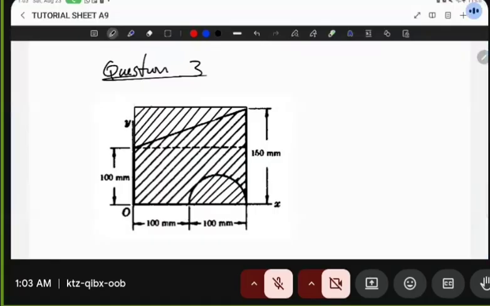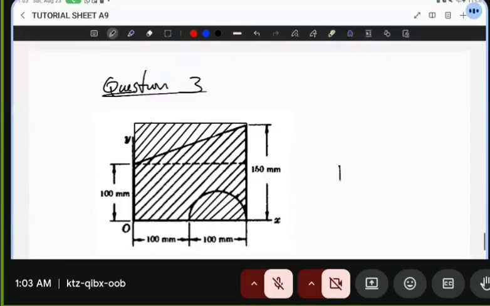So this is the shape whose centroid we're going to find first. This being a rectangle, we know that the centroid is easy to locate. Firstly, the horizontal length for the rectangle shaded here will be what? 200. The same way, the height, according to what we are seeing here, will be 150.